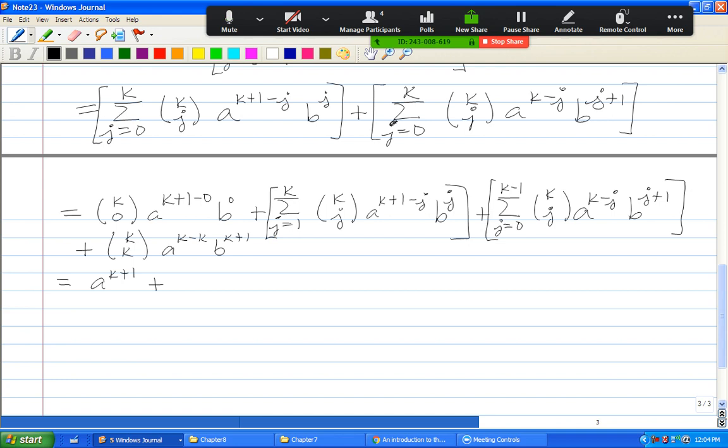So this is the sum j equaling 1 to k of k choose j a to the k plus 1 minus j b to the j plus.